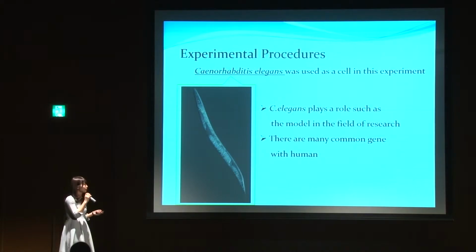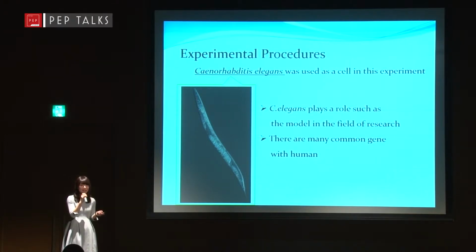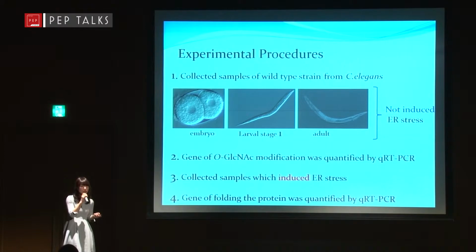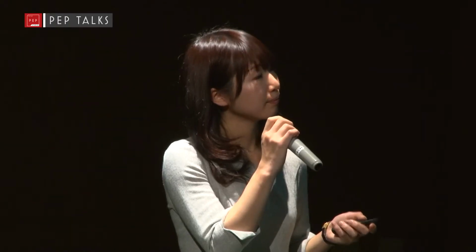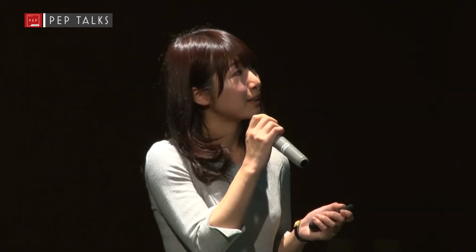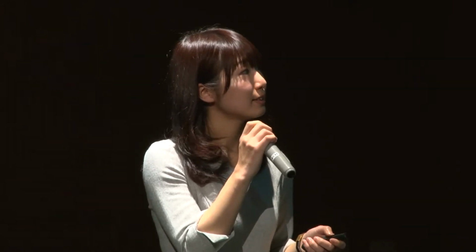The sample was taken from wild type strain N2 in this study. As a schedule of this study, first I collected the samples which did not induce ER stress in 3 stages of development: embryo, larval stage 1, adult.